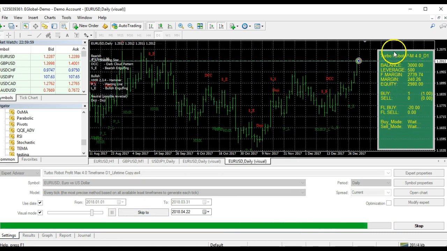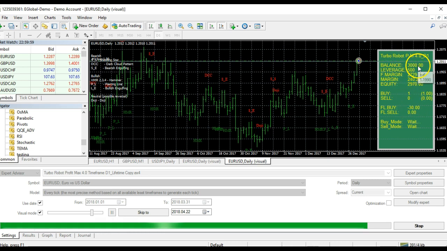So now you can see that it has already started, and remember that a higher lot size means higher risk and a higher value you could lose. But in this case, a higher value means that your account must also be higher, so it's still proportionate because you have a higher balance.